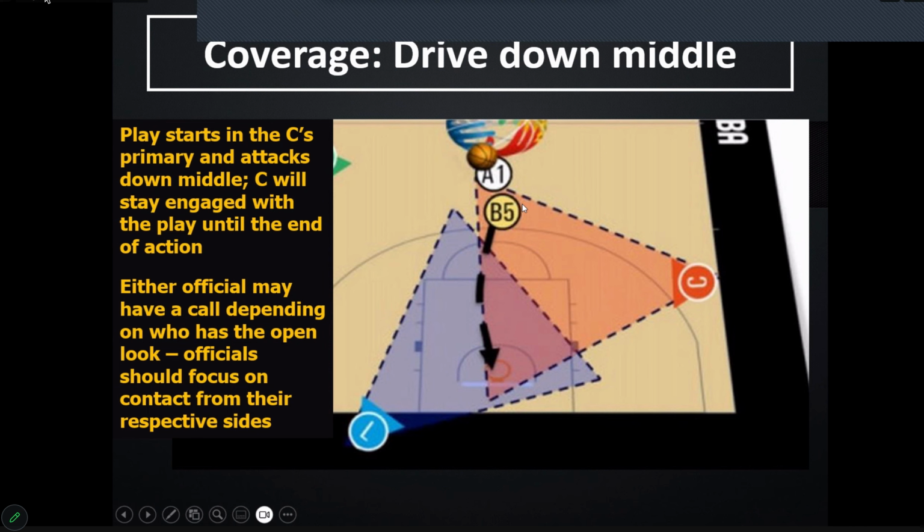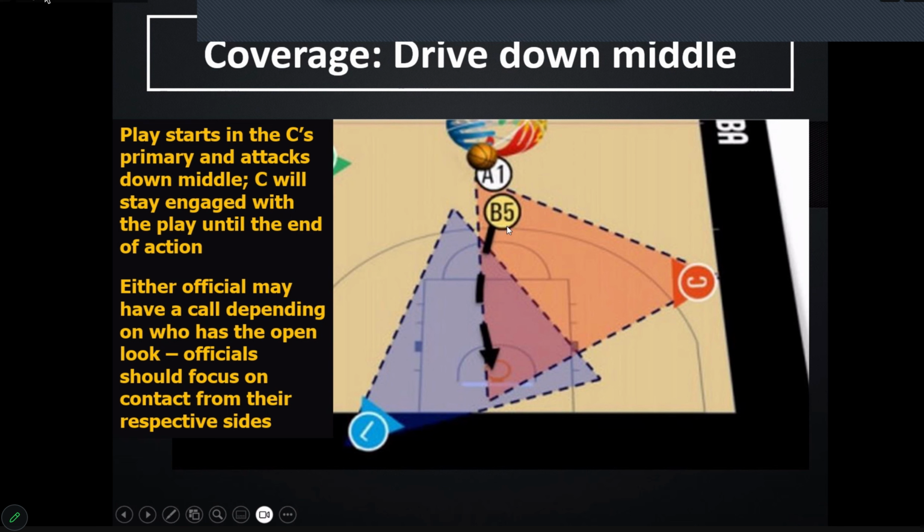If it's a foul by this primary defender, we should have that called by the center. If it's a secondary defender coming from over here, should be the lead's. And if there is contact that the center can't see on this side, don't guess, this lead should pick it up.